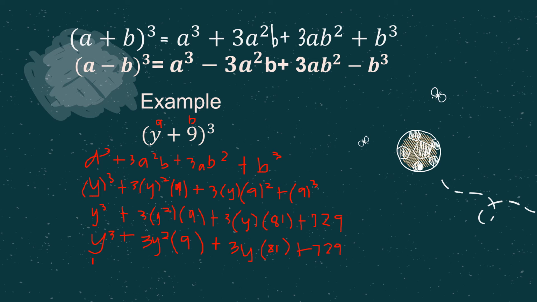So you multiply. This will be y cubed plus 3y squared times 9, which is 27y squared.